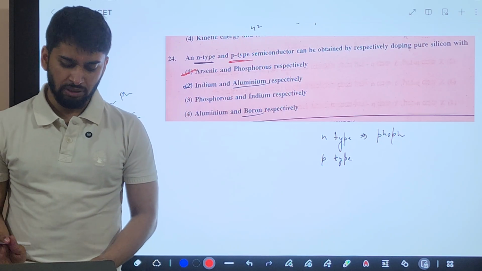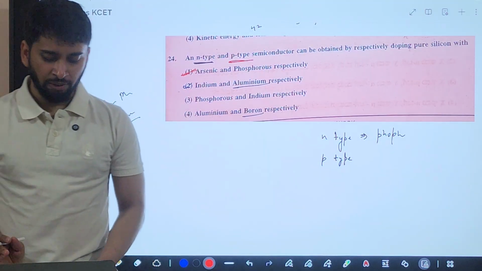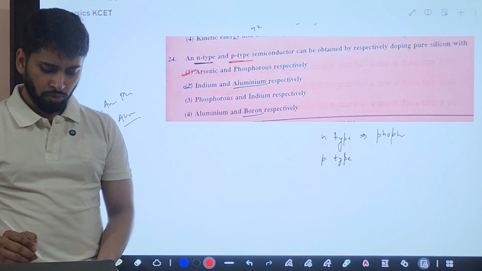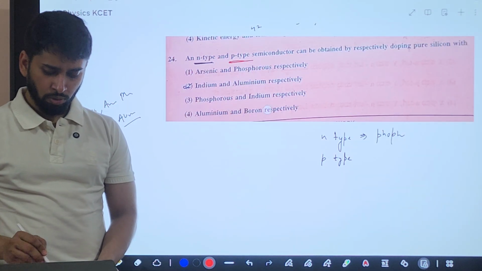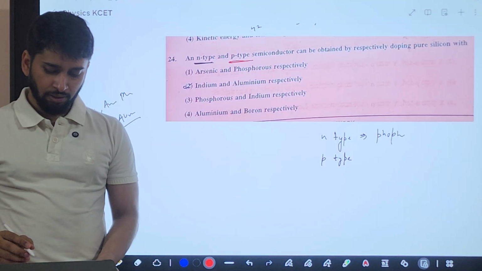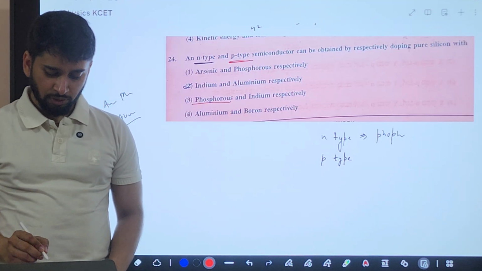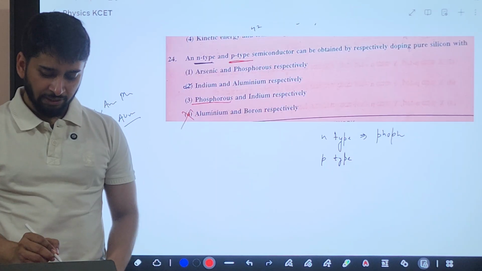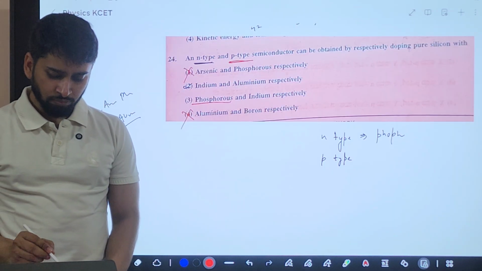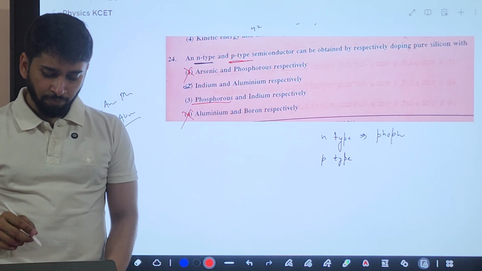Not the one which is here. So, okay, N type and P type. For N type you should have phosphorus. Aluminium is not required, so this is not correct. This is also not correct. Between 2 and 3, phosphorus and indium.